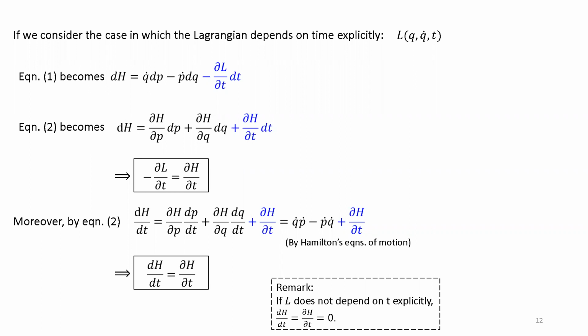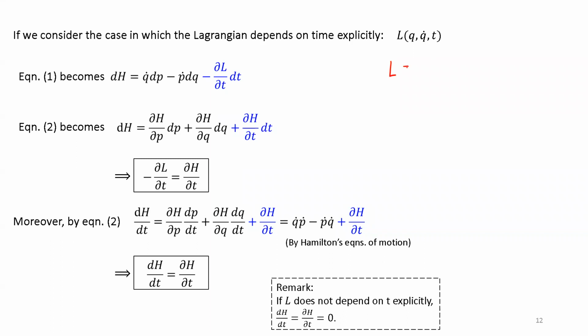If I have a Lagrangian that depends on q and q dot only, then partial L partial t would be 0. So let me give you a real example.